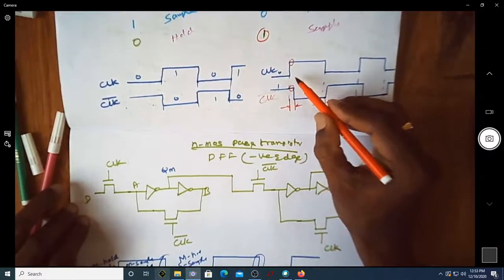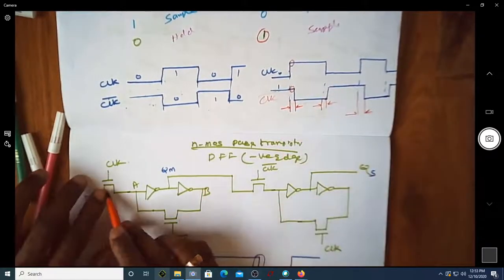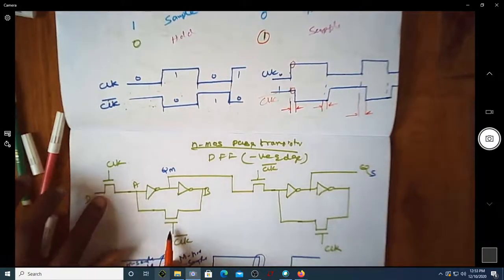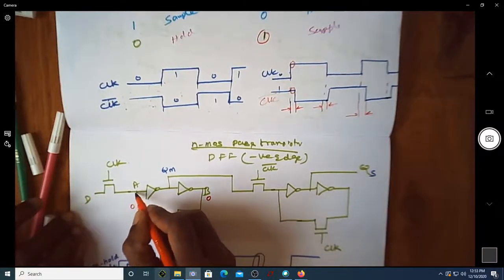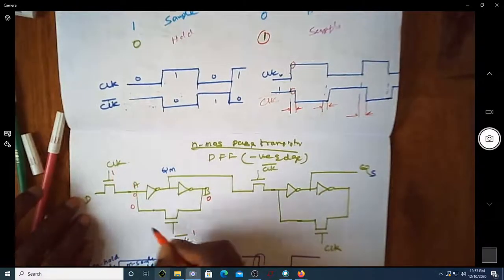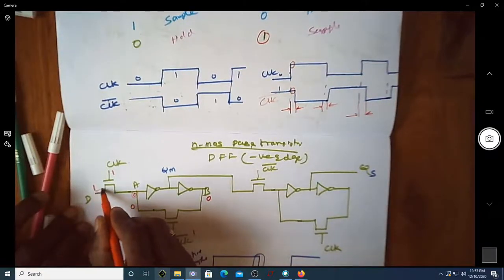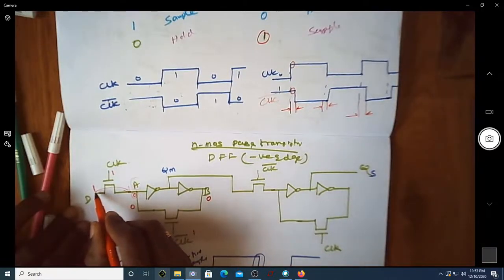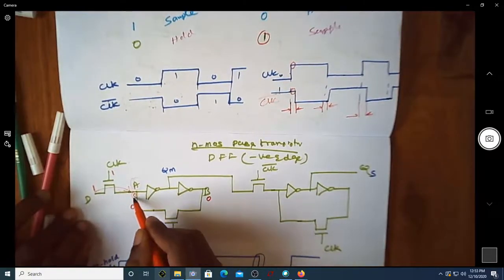Assume that at that point, you are using the clock output and the clock bar output, driving both of them. Suppose both of these are turned on, and you had a 0 here. That 0 will come over here, and then this is 0 because of this. Suppose this is on, and this is also on, and suppose this is 1. This A will be trying to become 1 using this D input, but it is also driven by this as 0.